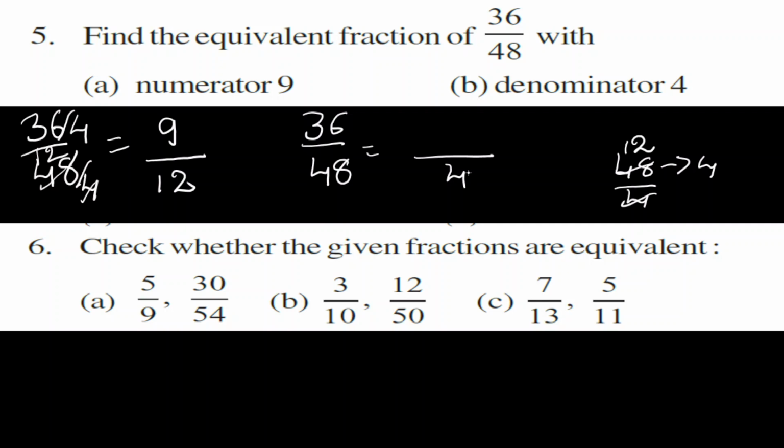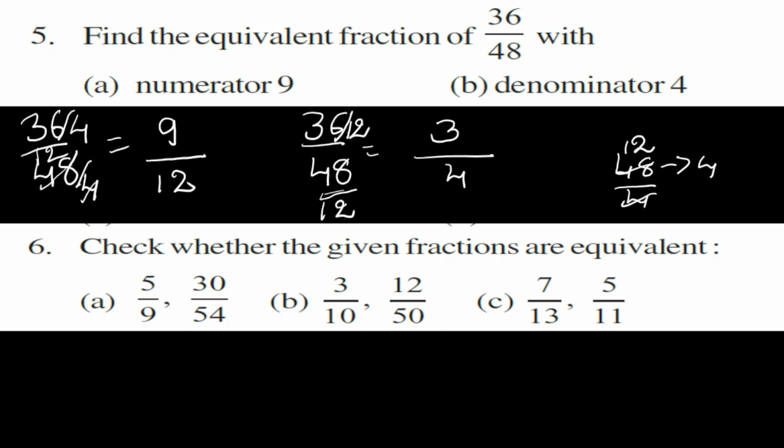You know that 12 4s are 48 and 48 by 12 is nothing but 4. So to find the equivalent fraction, both the numerator and denominator should be divided by the same number. So 48 by 12 is 4. So we need to divide this 36 also by the same number 12. So 36 by 12 is nothing but 3. Now the fraction became 3 by 4.